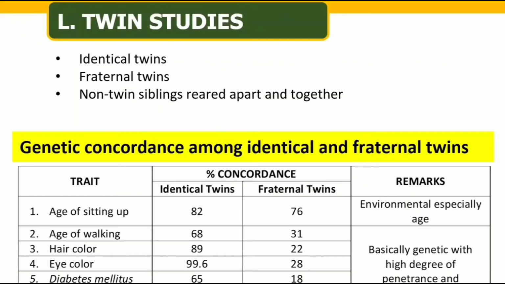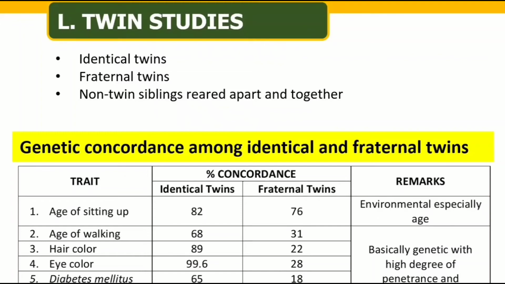So, the extent of concordance of the twins may be used to measure the roles of the environment and heredity in the expression of a certain phenotype. If the trait has high concordance in the identical twins and quite low concordance in the fraternal twins, then the trait may be considered to have a strong hereditary element.